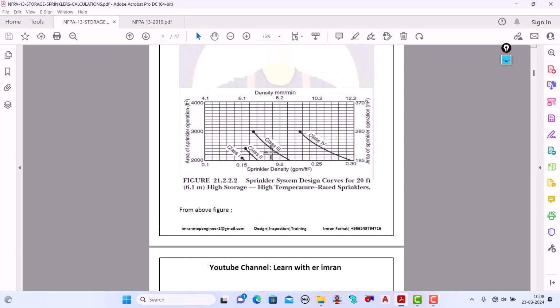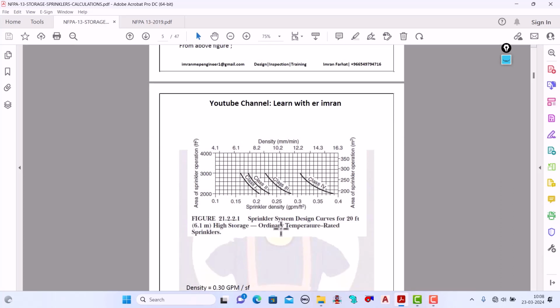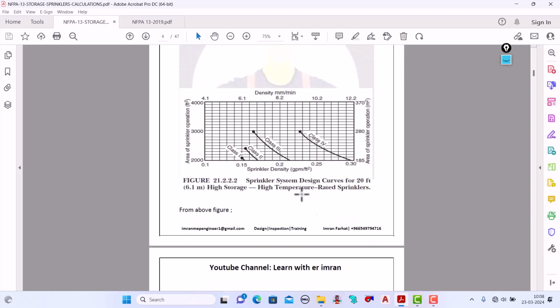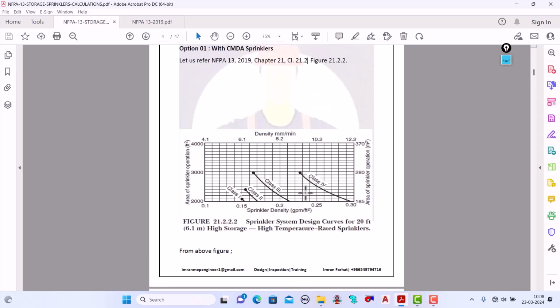If we are going to select a high temperature rated sprinkler, then this curve, this figure we will use. And if we are going to select an ordinary temperature rated sprinkler, then this table we will use, right? So suppose I am going to use a high temperature rated sprinkler, because it will be more in warehouses.